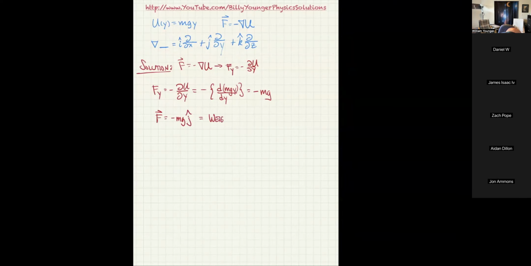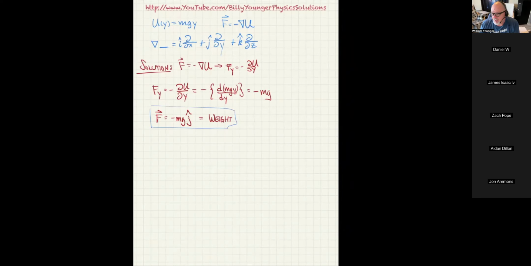Because we learned that to calculate the weight, you have to take mass times gravitational acceleration, lowercase g, and then it's a force that points towards the center of the Earth, which in this case is going to be in the downward direction. So that's it. Hopefully that makes a little bit of sense to you. That's how you actually do it.